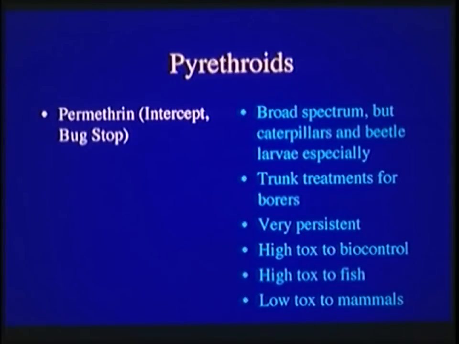And then the pyrethroids are a newer group of insecticides of concern. Because the diazinon and Dursban are being phased out, we're going to see more of them, because they're a broad spectrum material for insects that is very persistent. You can apply it and it'll control insects for many weeks afterward.